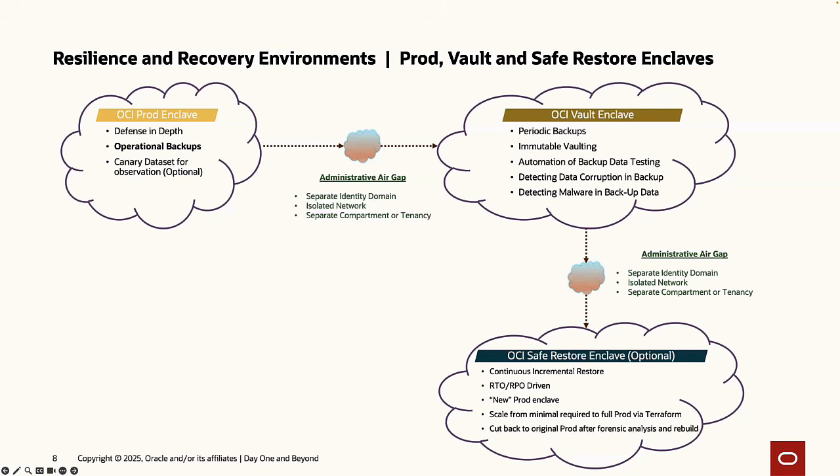The Safe Restore Enclave is really great for companies with very large data sets. And we talk about the concept of continuous incremental restore. So think about it in this way: standing up a minimum viable architecture that allows you to restore data based on your RPO and RTO, so that you're never more than one testing cycle and one backup cycle away from having all of your data ready to go.